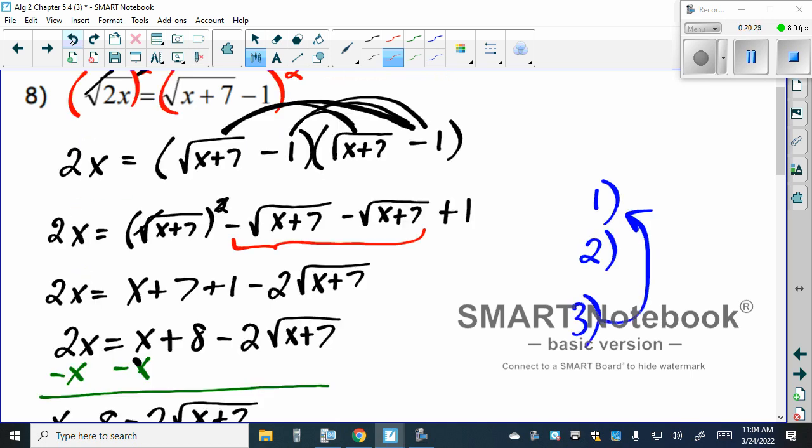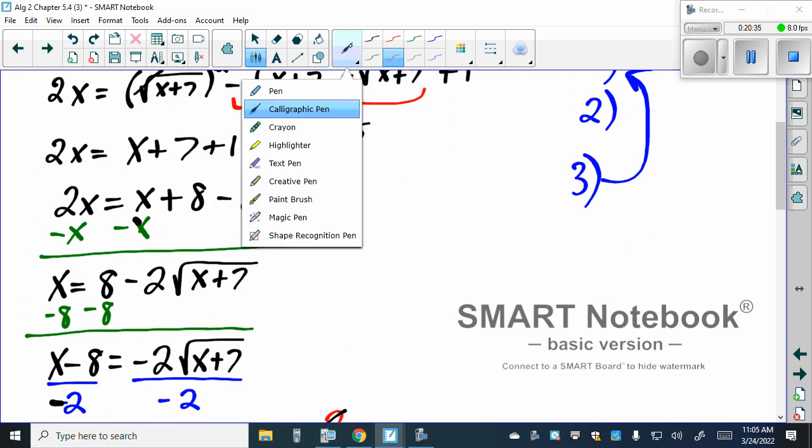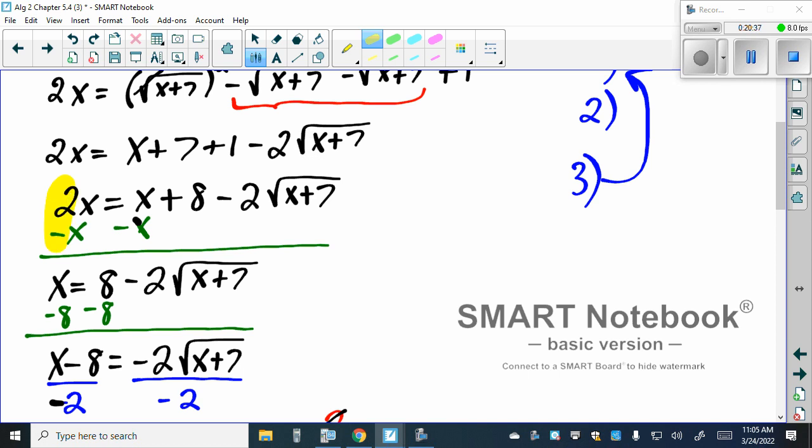And some of the ones that we have like this here, let's get a highlighter. This step right here, especially in the book, would have given us 0. They would have subtracted out completely, which would have made it a little bit easier, because if they did simplify out, we would have got -8 is equal to -2 square root x plus 7 divided by -2.